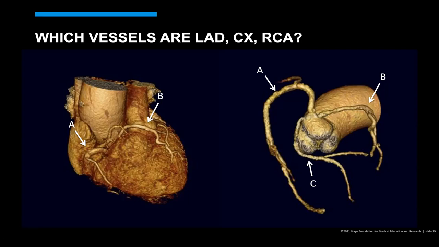The image on the left, we're kind of looking at the front of the heart. So you have the ascending aorta right here, the main pulmonary artery right there. And this is an atrial appendage. Is this the right atrial appendage or the left atrial appendage?